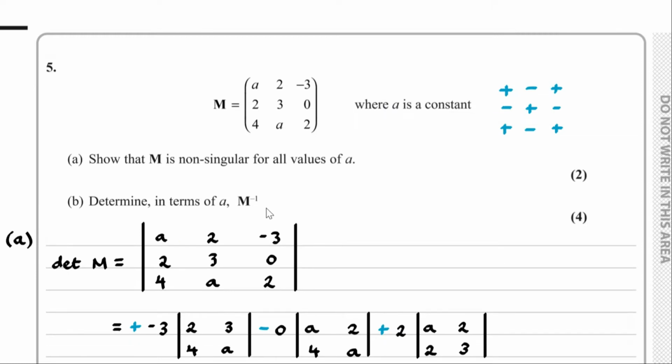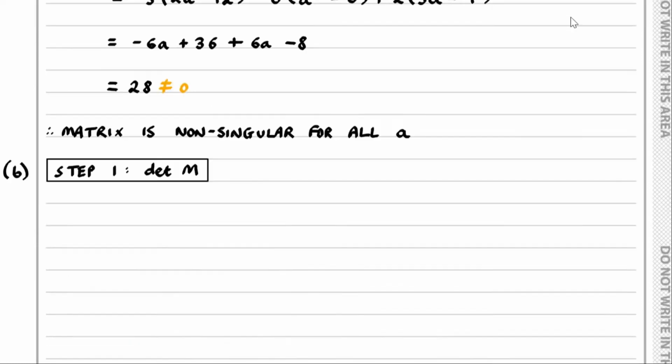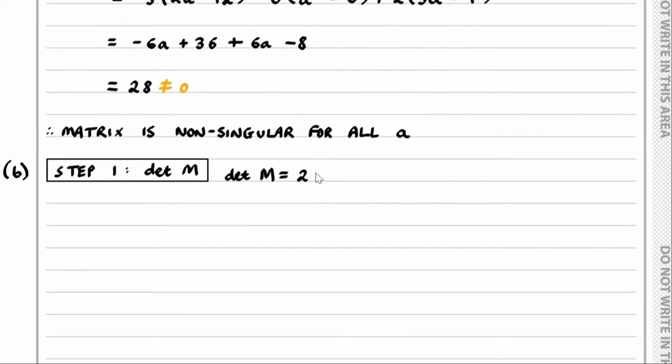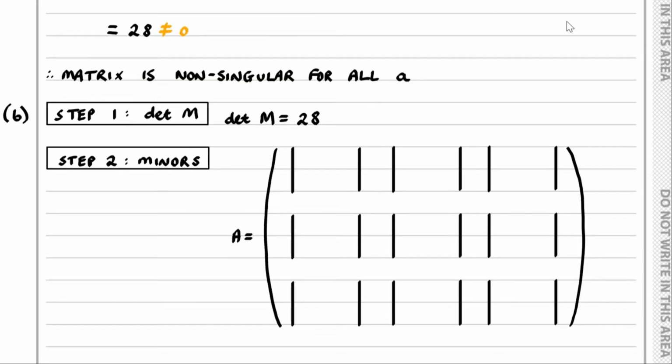And now we have to determine in terms of a the inverse of M. Well, our first step is to determine the determinant of M. Now the determinant of M we've already calculated to be 28. So that's what we do for our first step. Our next step is to determine the matrix of the minors, and we'll call this A for now.